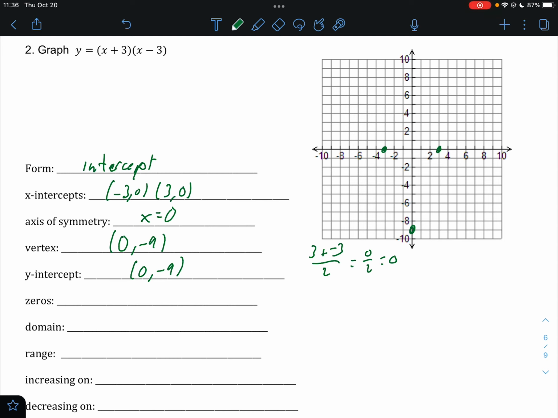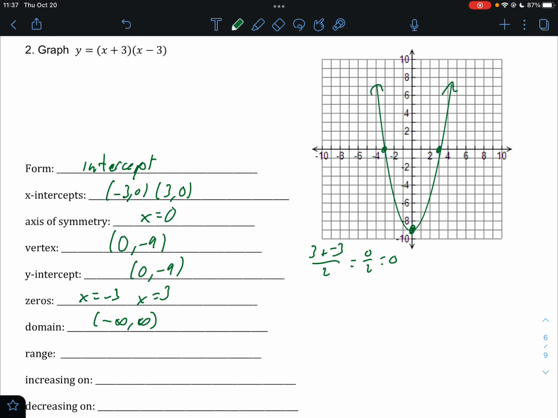Our zeros are at x equals negative 3 and x equals 3. That's just the x-coordinates of the x-intercepts. Our domain, like any parabola, is all real numbers. Our range, if we graphed our graph now, there we go.